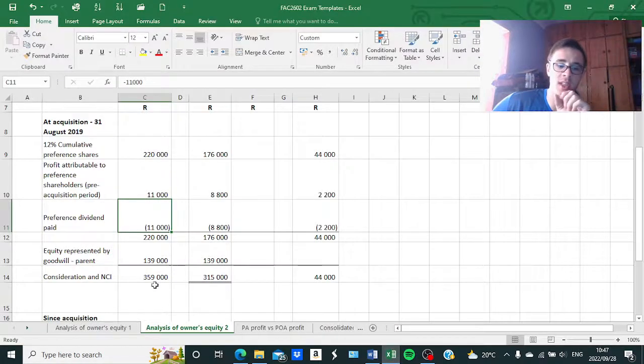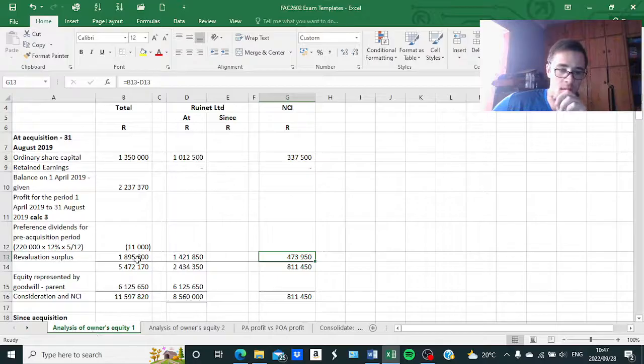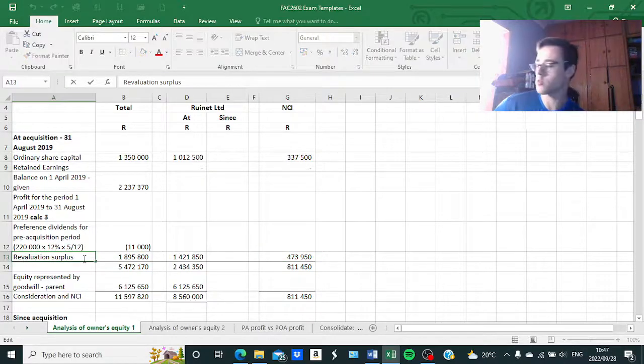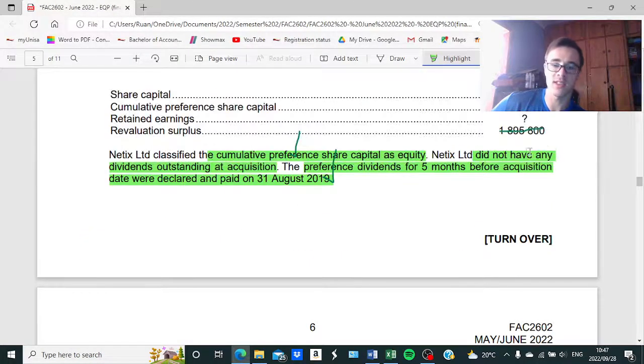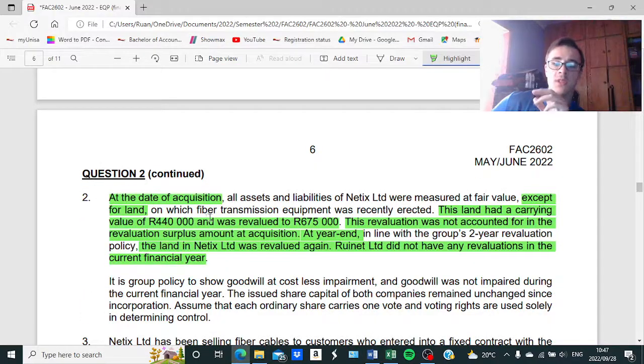If you go to your analysis of owner's equity, you have to start with the given balance of 1895, and then work out the additional revaluation surplus that should have been included in this amount, meaning the difference between the 675 and the 440. We still need to account for this.